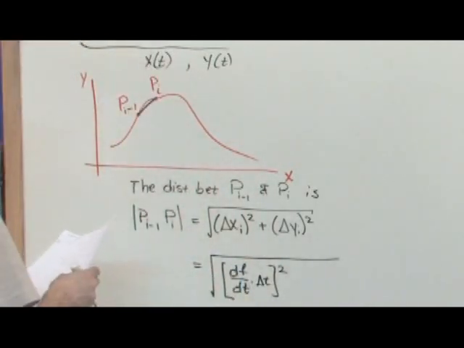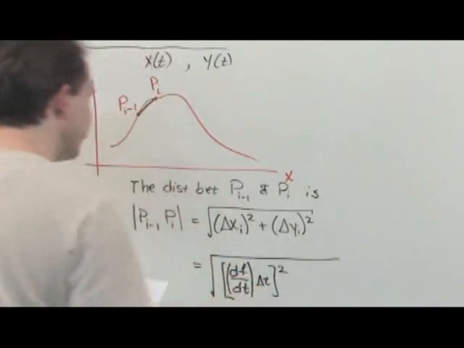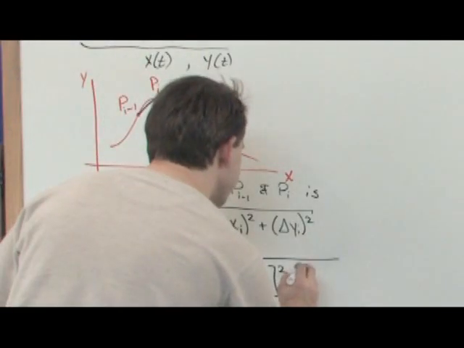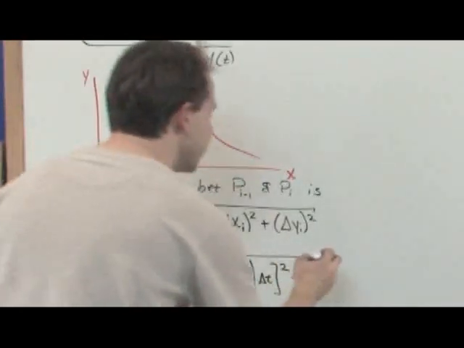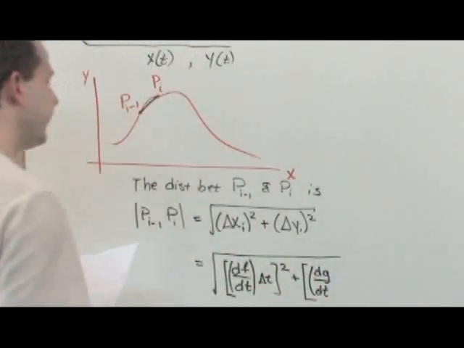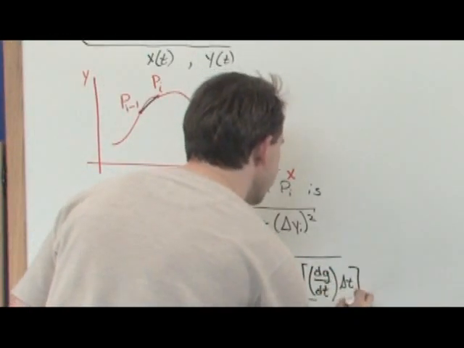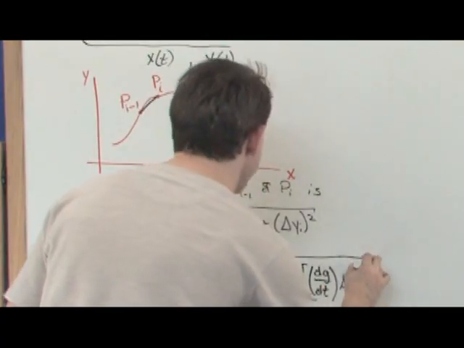I'm going to go ahead and continue on, and then we're going to come back to it. So I'm going to put some parentheses here. It's going to help us. Plus another bracket, plus dg/dt, and I'll tell you what these mean in just a second, times delta t, again squared. And I'm taking the square root.